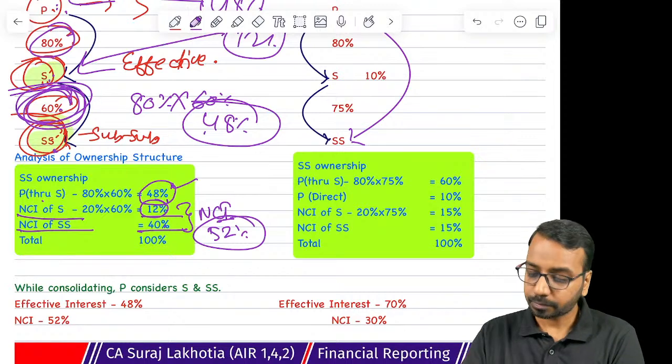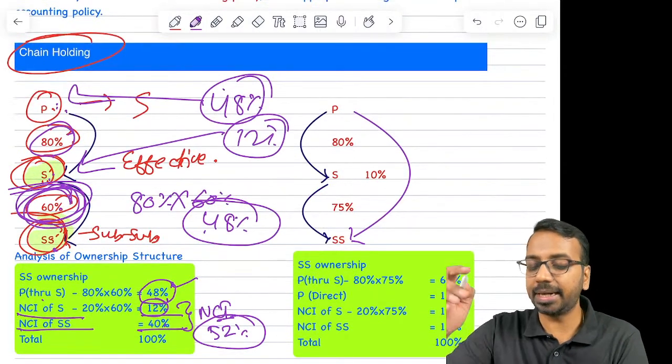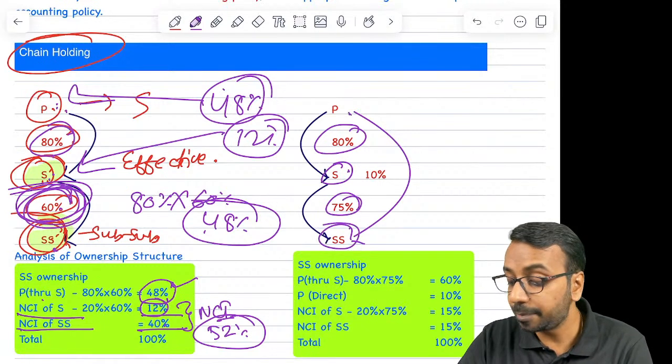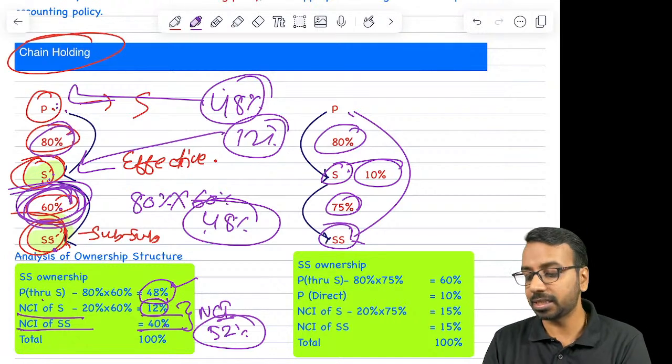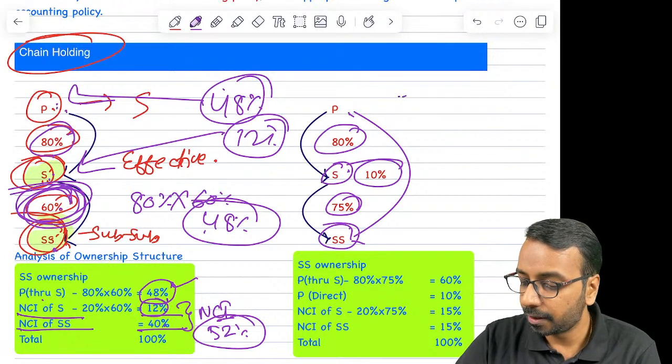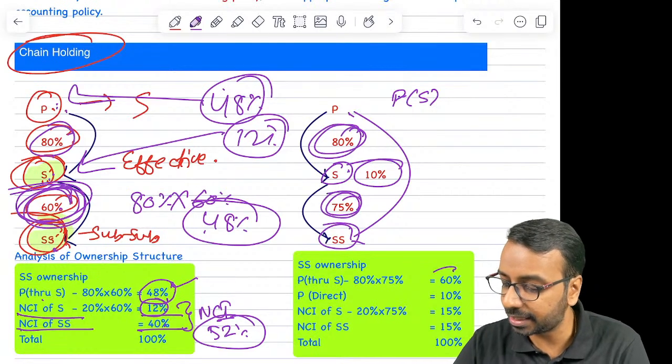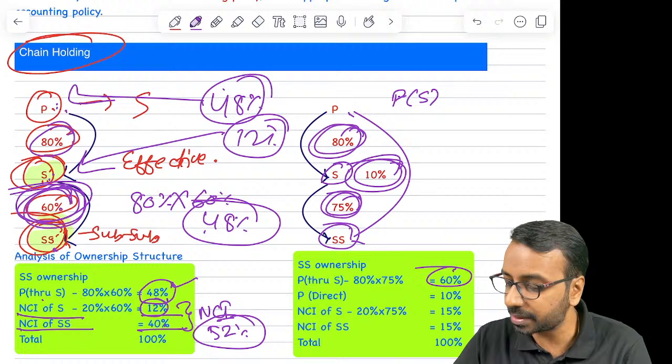Then, if there is an indirect and direct control, for example, P has 80% in S, S has 75% in SS, and P directly has 10% in SS. In that case, how does it work? Here, P through S has 80% of 75%, that is 60%. P directly has 10%. You add this.